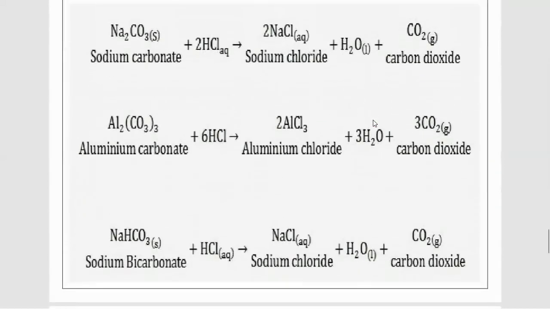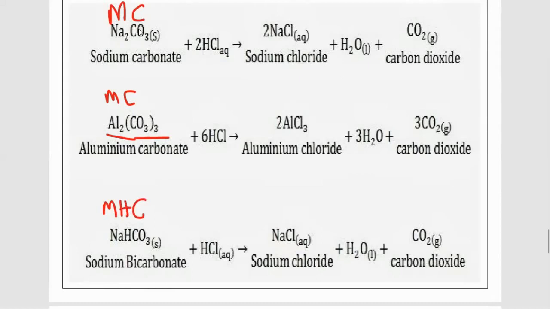So you see these three sample equations. Na2CO3, metal carbonate. You see this? Al2(CO3)3, Al, aluminium, metal, CO3, carbonate. And you see this sodium bicarbonate: sodium, metal, H, hydrogen, CO3, carbonate.